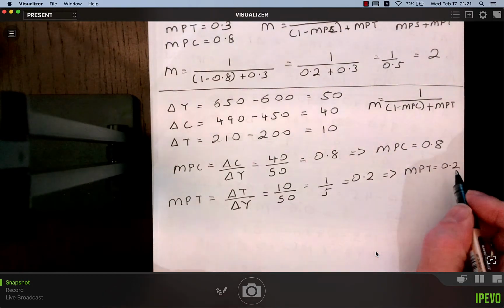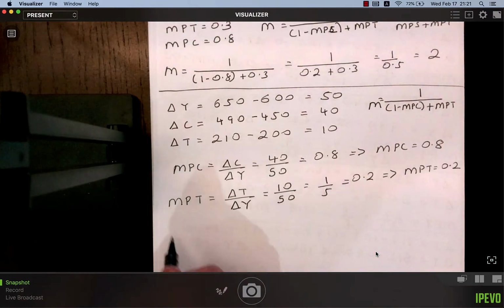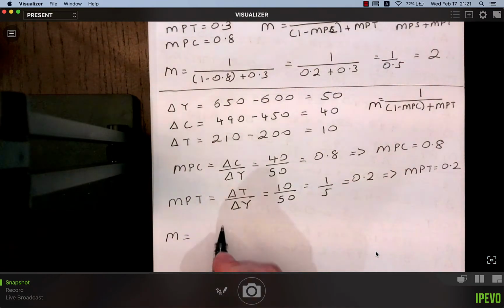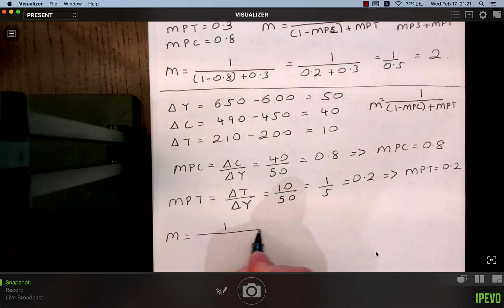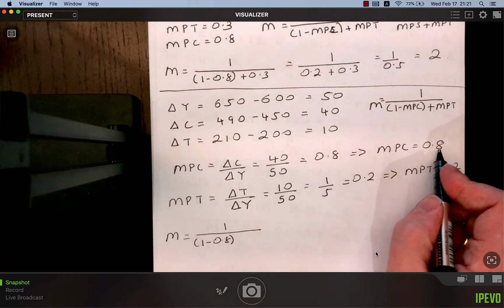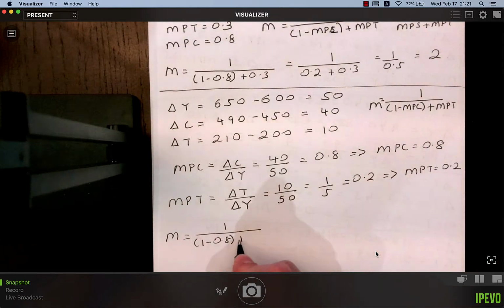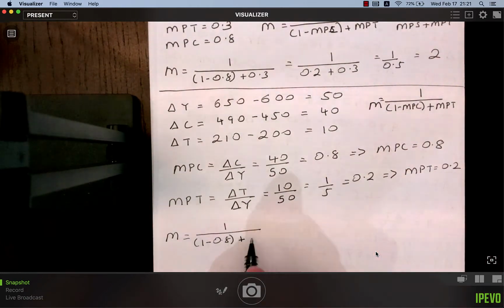Now the multiplier we can see up here. So now all we have to do is just plug and chug, as they say. Which is 1 over 1 minus the MPC, which is 0.8, and I'm getting that from here, plus the MPT, which I'm getting from here, of 0.2.